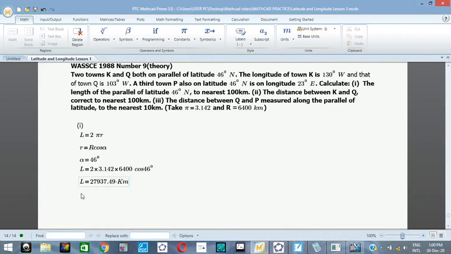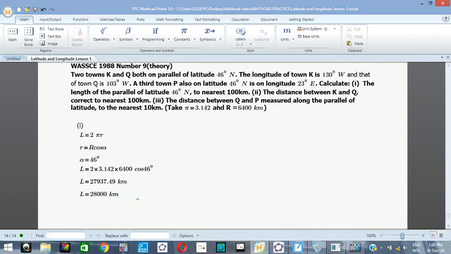So if I approximate to nearest 100 kilometer, this is the unit times 100, so we approximate this up, adding 1 to this, which is 28,000 kilometer. 28,000 kilometer, so that is it.